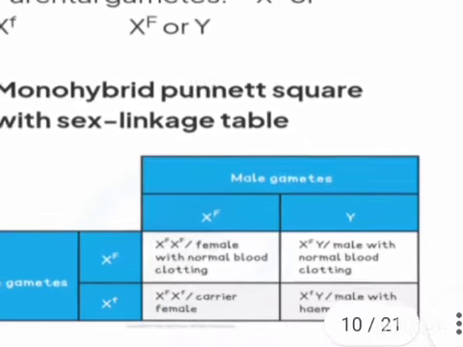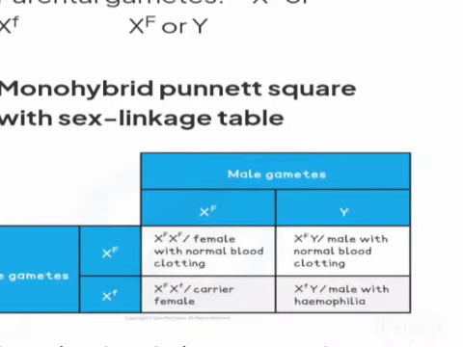When we cross both of them, we have a female with normal blood clotting, a male with normal blood clotting, but also a male with hemophilia, because we only require the recessive allele to have hemophilia. So when a male receives even one recessive allele, he will definitely have hemophilia, right?